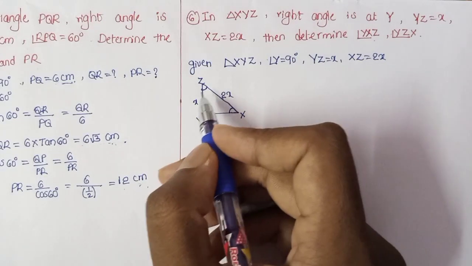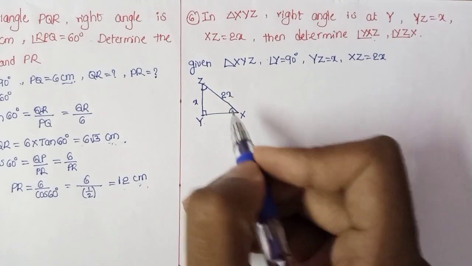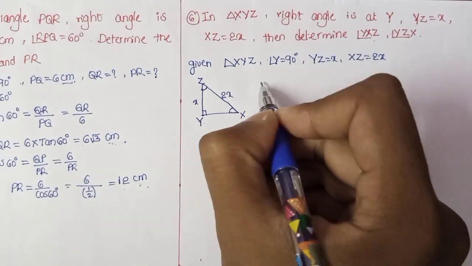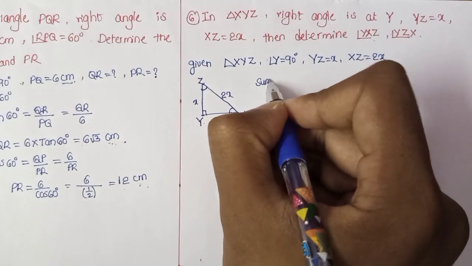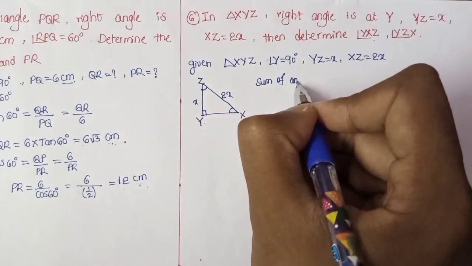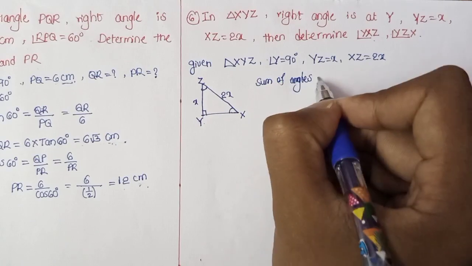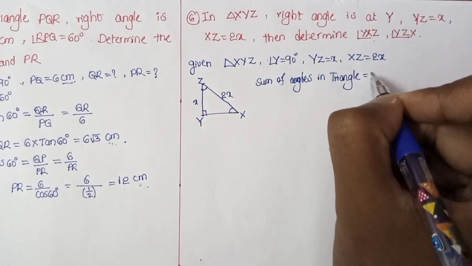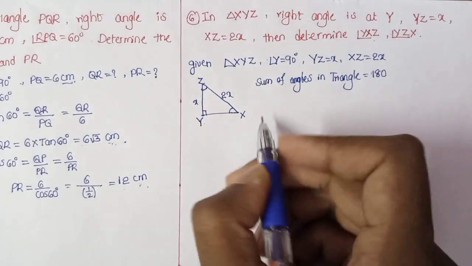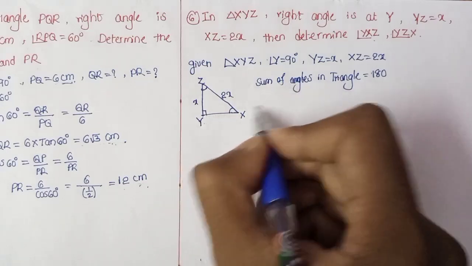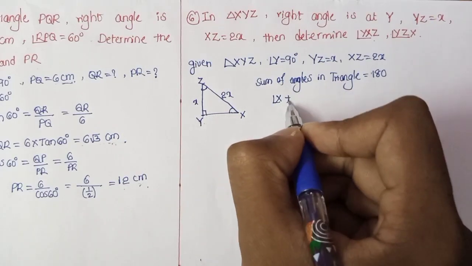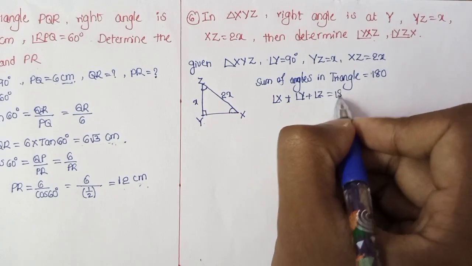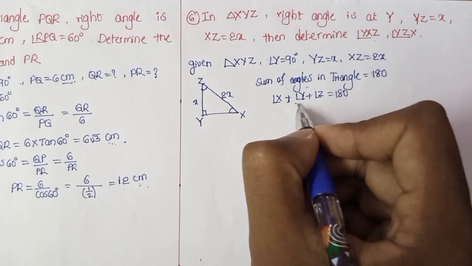So first, do we have any relationship between the angles? Yes. The sum of the angles in a triangle, how much? 180 degrees. Among those, angle Y is the right angle. So angle X plus angle Y plus angle Z is equal to 180. Angle Y is already 90.